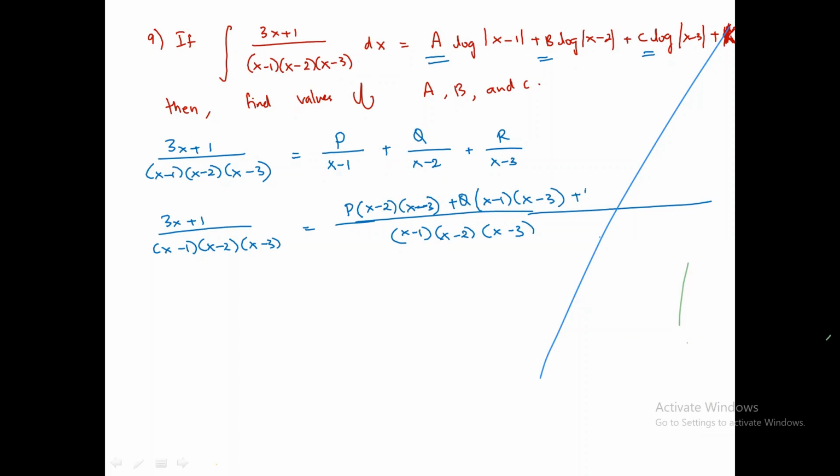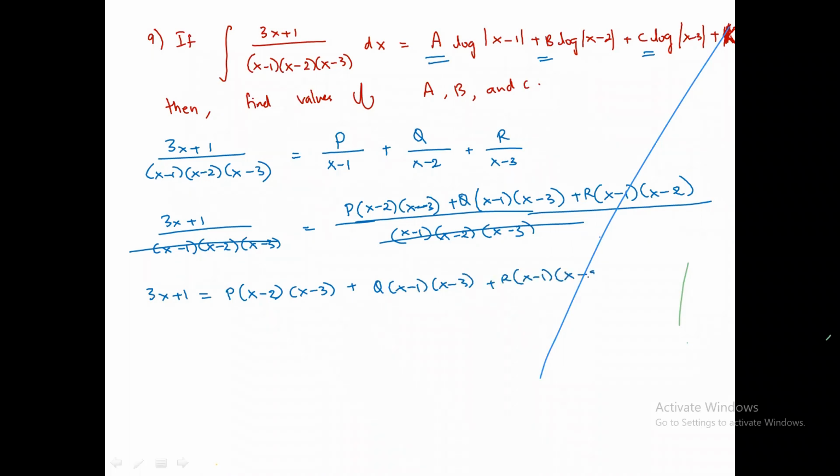And R has to be multiplied with (x minus 1), (x minus 2). Then I can remove the denominators. I can keep only numerators. All these I am doing to find the values of P, Q, R first using partial fractions. Later on, I will find ABC also. Don't worry about that.